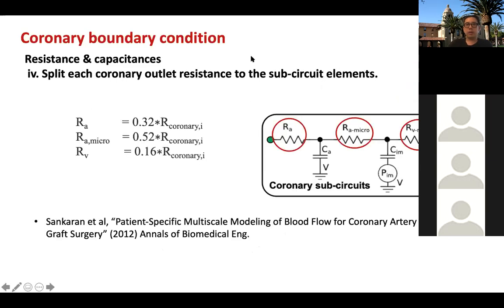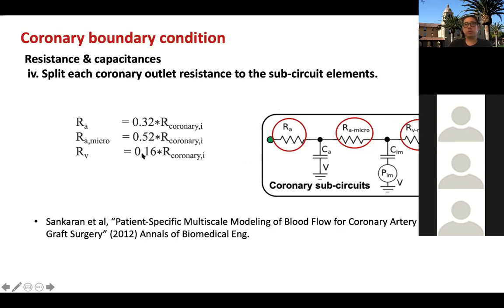Then at each coronary artery outlet, we want to distribute the total resistance to 3 circuit element resistances. There is a proximal resistance, which I denote as RA, a second resistance next to the proximal one, and a third part of the resistance.